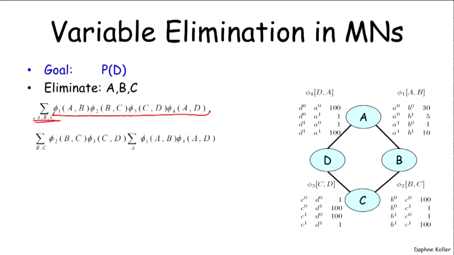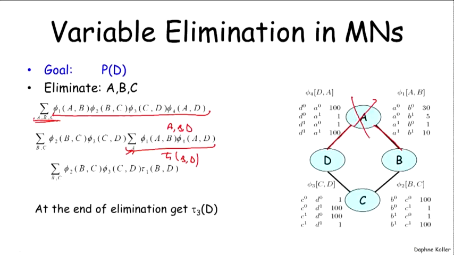So if we want to sum out A first, then here are the factors that involve A, phi 1 of AB, this one, and phi 4 of AD. Multiply them together, we get a factor whose scope is ABD, and then we sum out A to get a factor whose scope is BD. That gives us a new set of factors where A has effectively been eliminated from the graphical model.